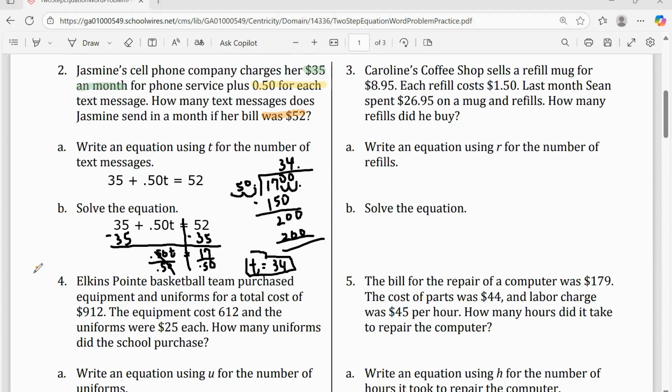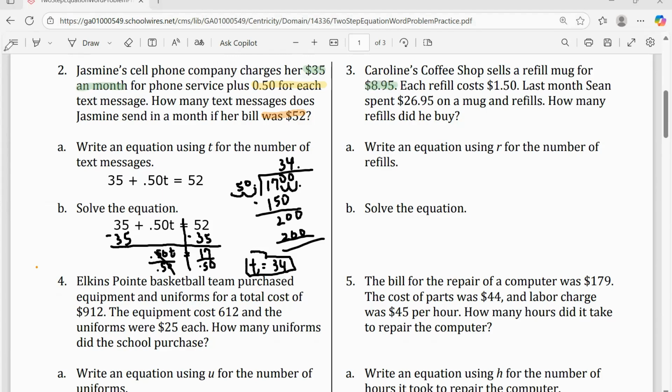Okay, let's find those three things: our constant, our dependent variable, and our total. So what would my constant be? Meaning, what would I automatically have to pay since we're dealing with money? Okay, so the refill mug is $8.95. That means you're going to have to pay that to start with.